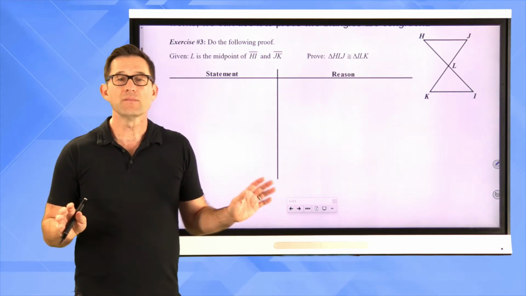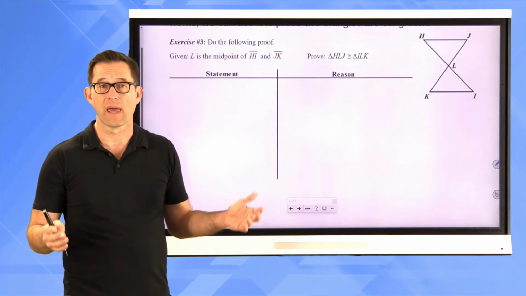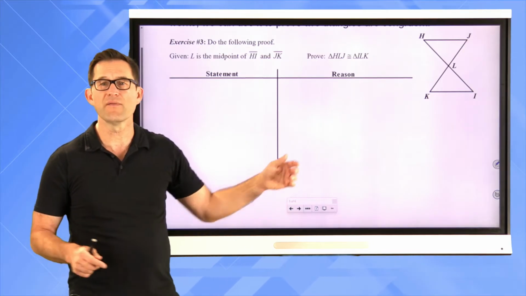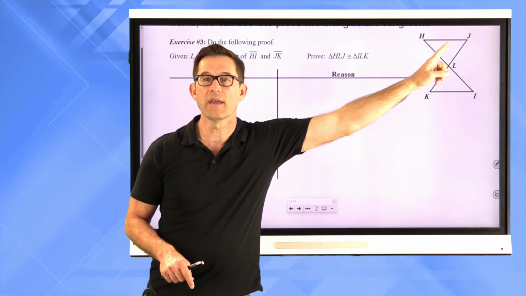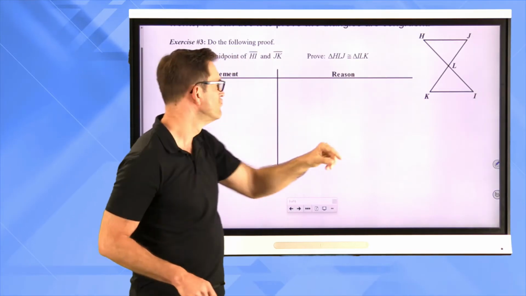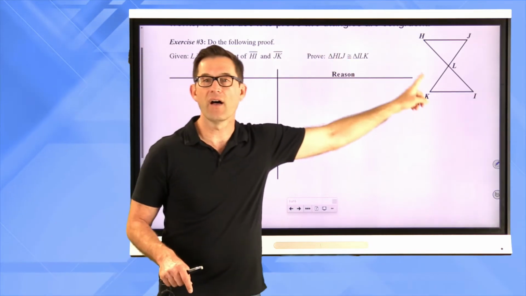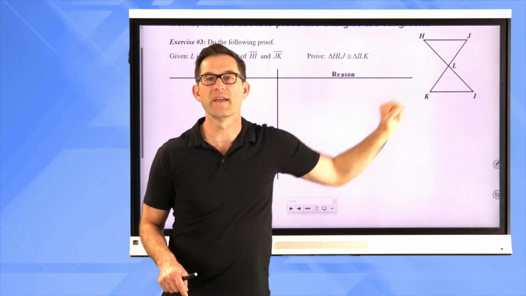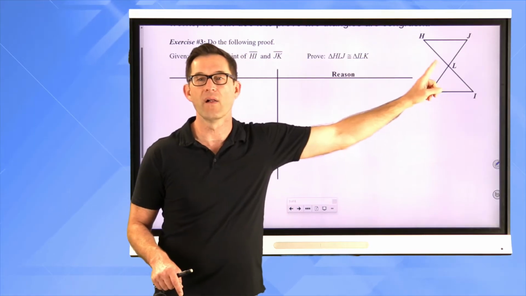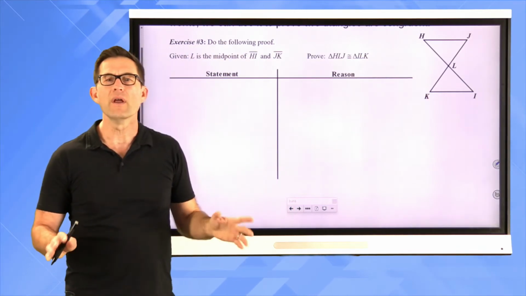All right, now sometimes diagrams and proofs are going to get more complicated than this, but let's just be very clear. We're trying to prove that triangle HLJ is congruent to ILK. Let's see what we know so far.